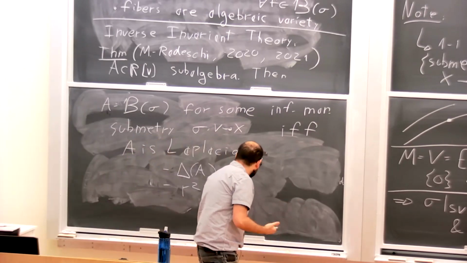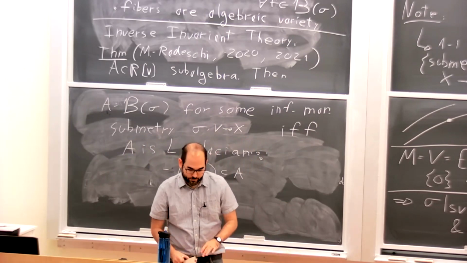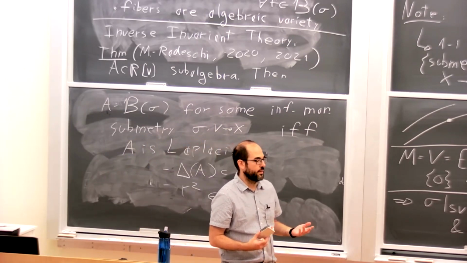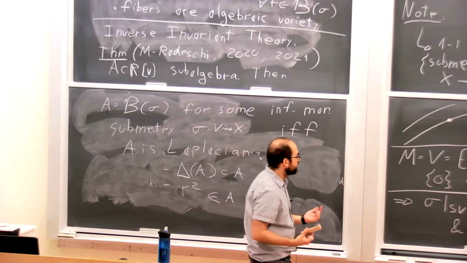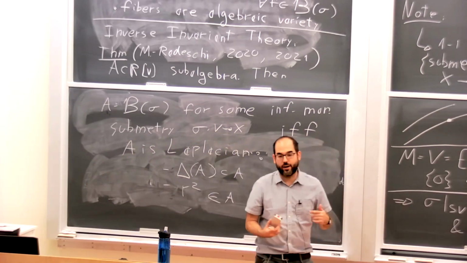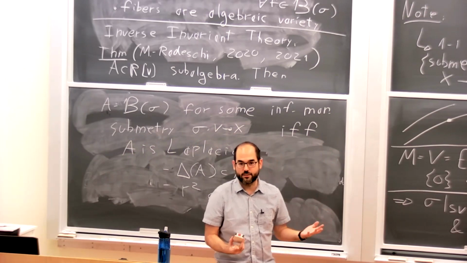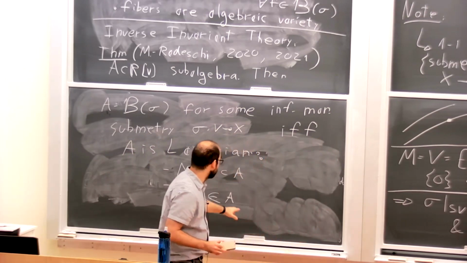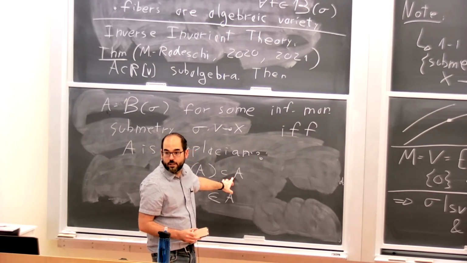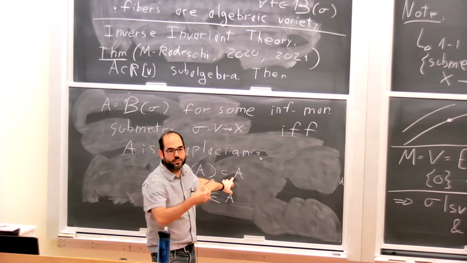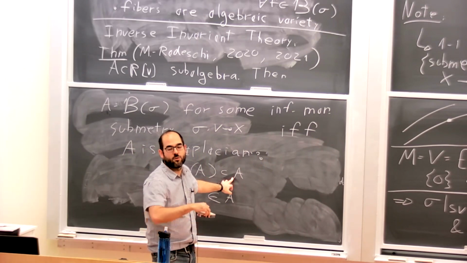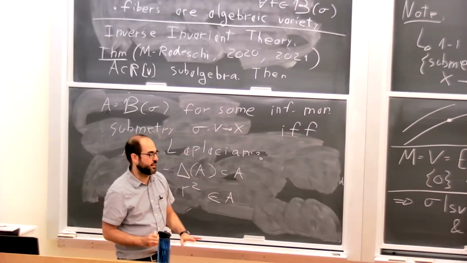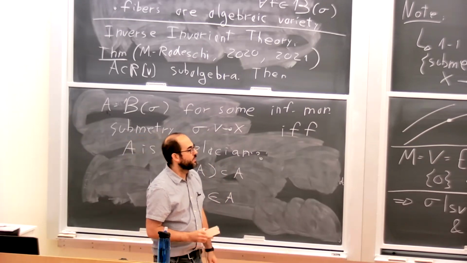We've done some of those, like when the fibers of this map are finite, when they are connected. There are algebraic answers to that in terms of the algebra that defines them. One of them is that it's integrally closed somewhere. The other one is that the transcendence degree of the field of fractions is as large as possible. Stuff like that.